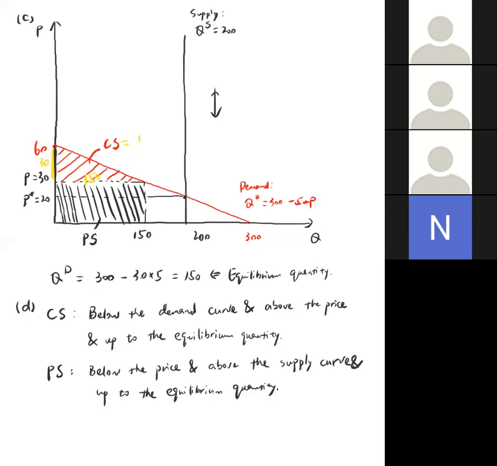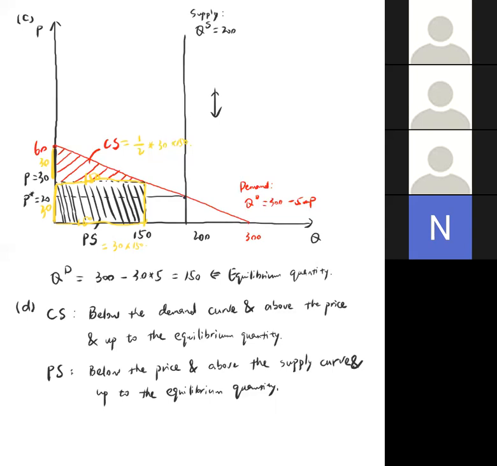If you're required to calculate the area for consumer surplus, that is just 1/2 times 30 times 150. And if you're asked to calculate producer surplus, that's the area of this rectangle, and we know this part is 150, and this vertical part is 30. So producer surplus is 30 times 150. So it's also easy to calculate numerically.